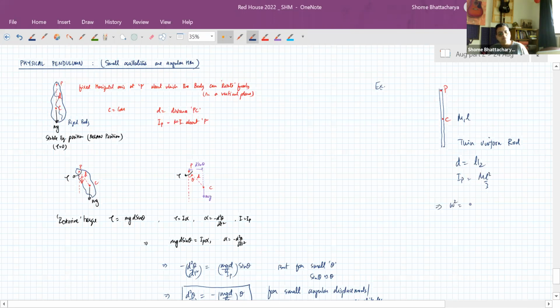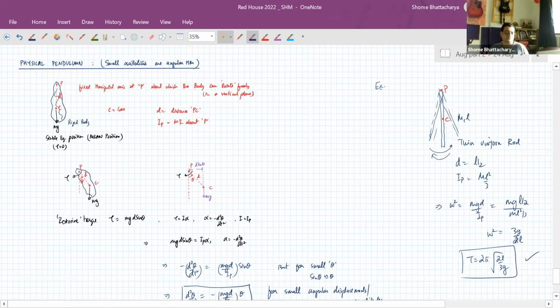So omega square, which is mgd divided by Ip, becomes mg L by 2 divided by ML square by 3. So it becomes 3g by 2L. Time period becomes 2 pi root of 2L by 3g. So if this is oscillating with a small angular amplitude back and forth like this, we'll have a time period like this.